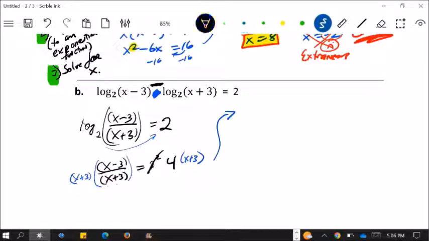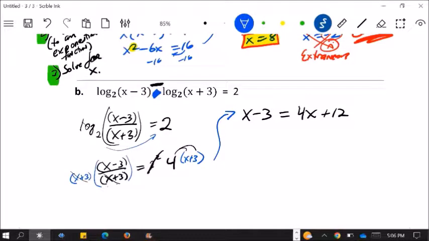So let's come back up here to continue it from the bottom of the page. These will cancel out, and I get x minus 3 on that side. And on the other side, I'm multiplying the 4 to those, so it's 4x plus 12. We did the distributive property there. Well, I have all these x's here, and I can move them one way or the other. I think it's safest if I move the x's over here, to that side, because it'll be a positive x.